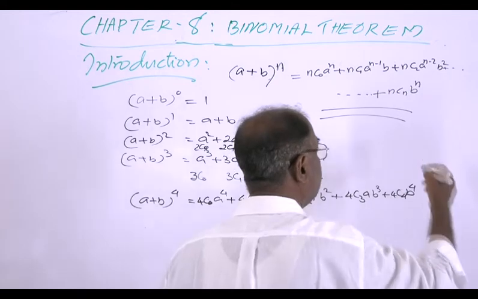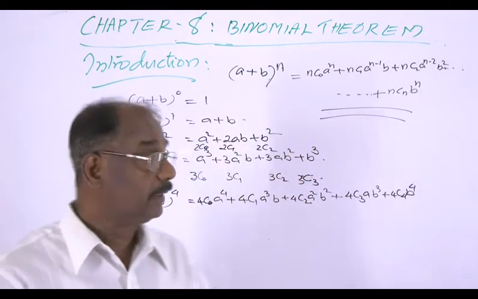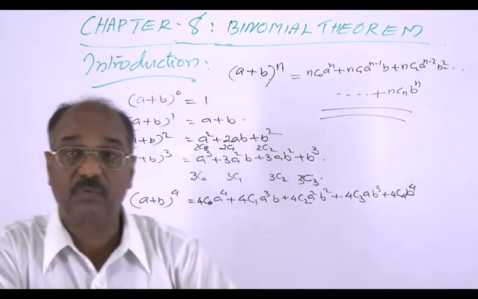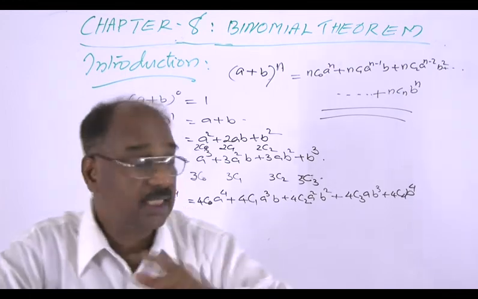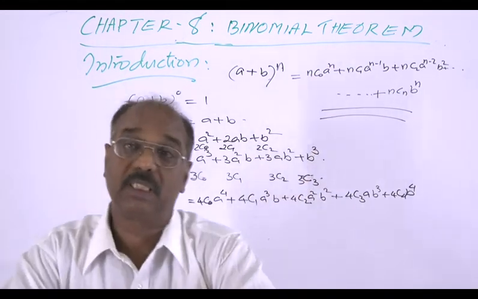So this will be the expansion of A plus B all raised to n, and this is the binomial theorem.